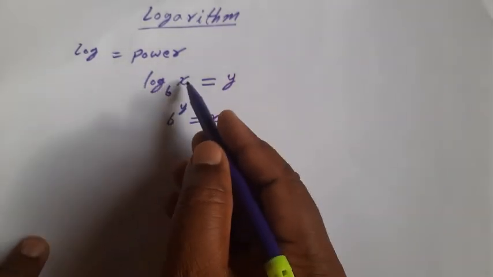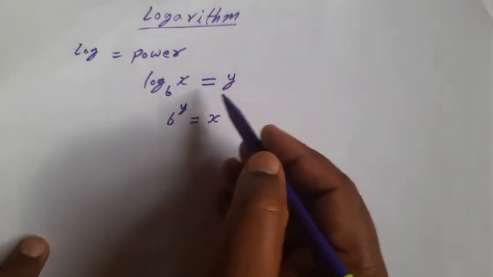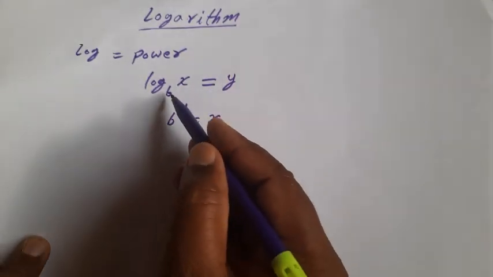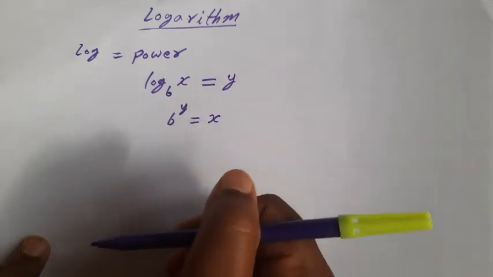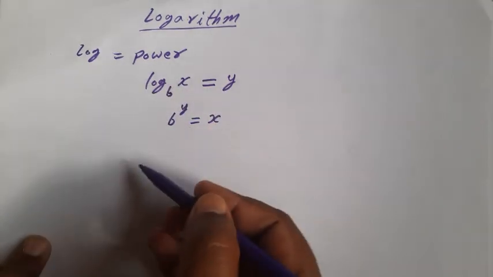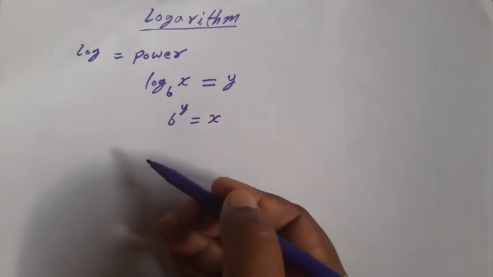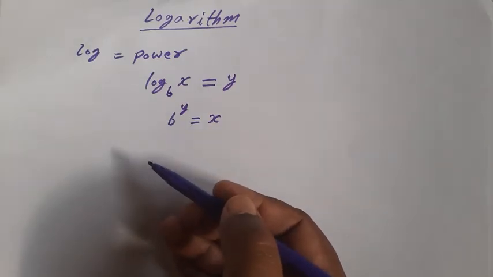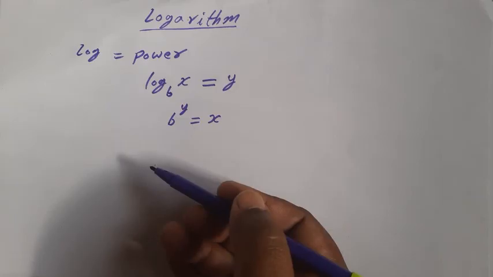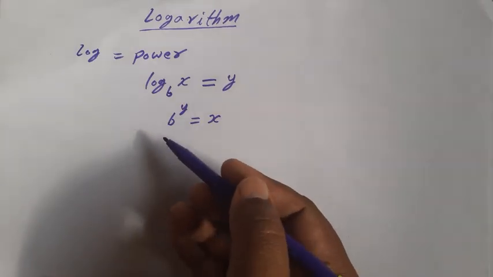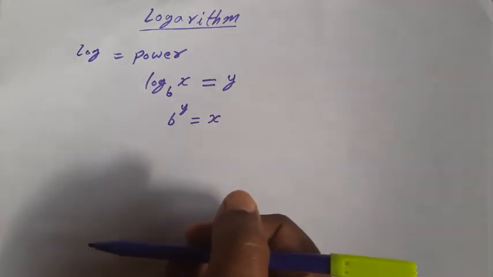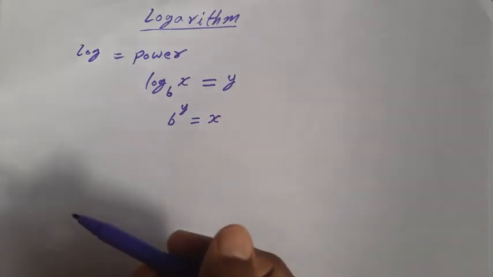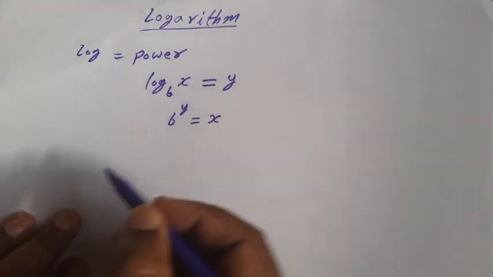So log x base b equals y means b to the power of y equals x. So this is the relationship. Got it, right? Now we will see one example.